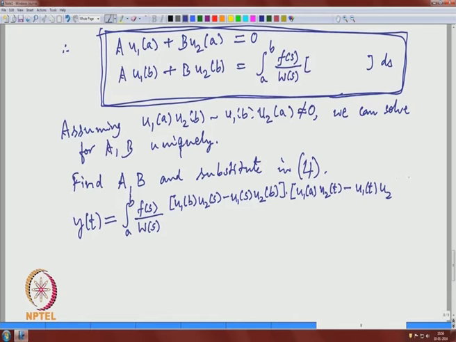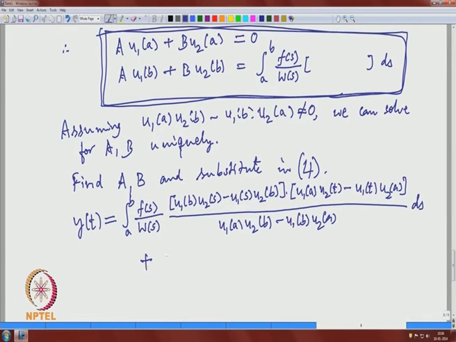U2 b, U2 a, and this is where that determinant comes, U1 a U2 b minus U1 b U2 a, b s, and as usual there is other part. Okay, there is no change there. So, let me just add t. Okay, and let me just put as it is.